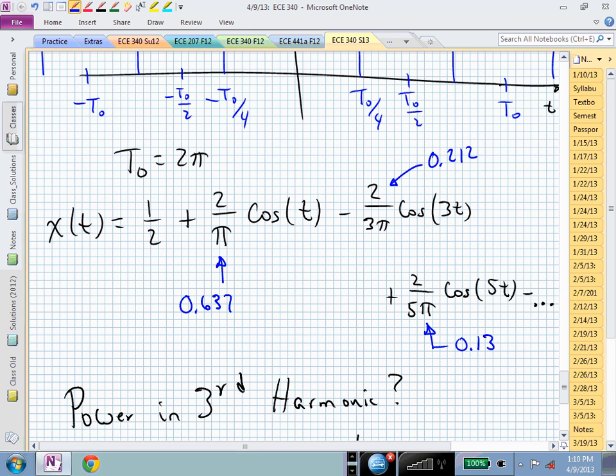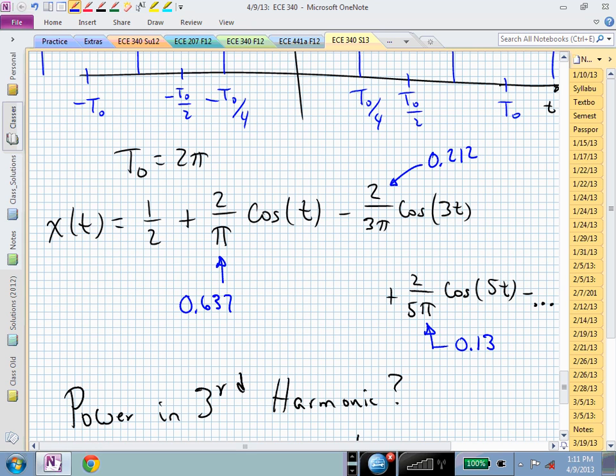We want to now visually, pictorially represent this same information. This is the time domain. We want to go into the frequency domain because maybe we want to think about filtering this, either low-pass filtering, band-pass filtering.